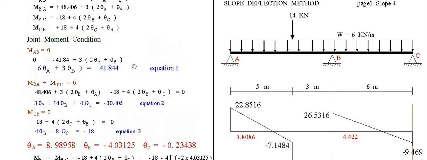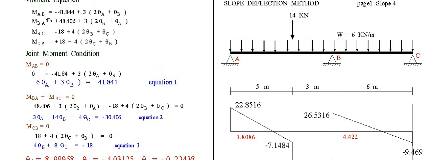If we substitute in this equation, BA is positive here, and BC is negative here. We can solve the moment BA and we can solve the moment BC.